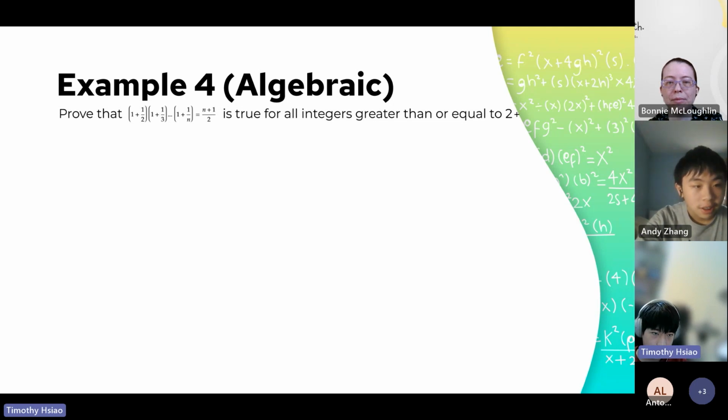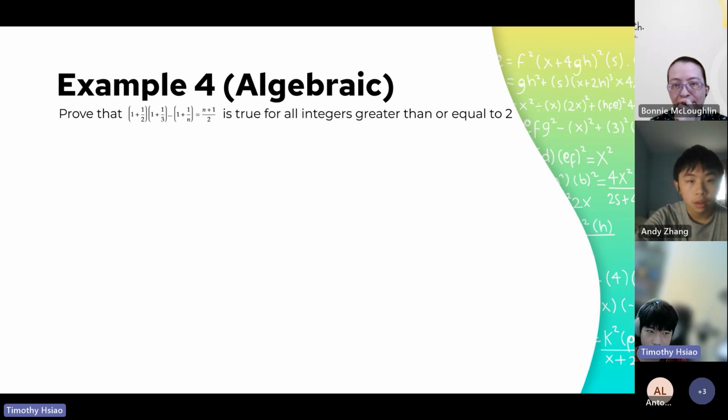So what would the base case be? In this case, it would be 2, because we want the first one, which is the lowest number, and it would be 2 because it's greater than or equal to 2.